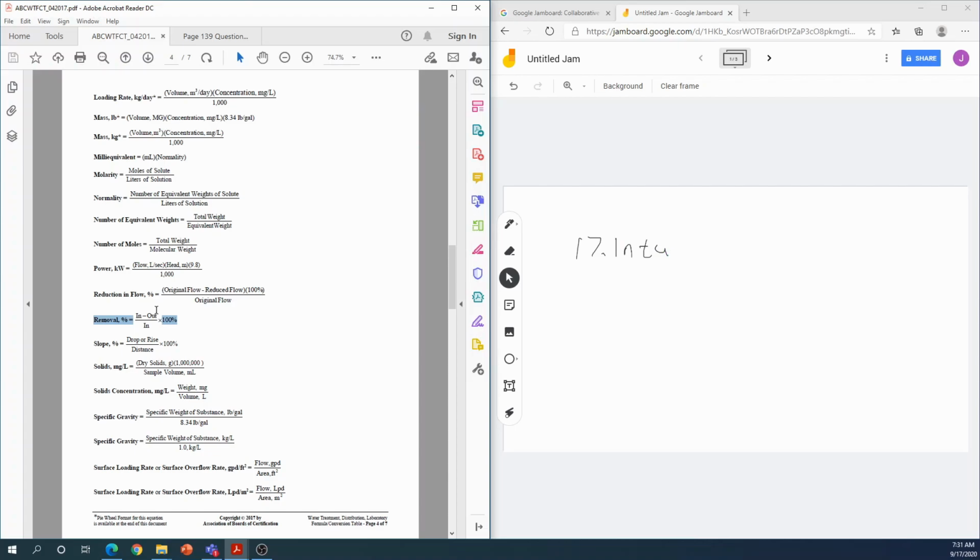Our effluent, our out, was 1.13 NTUs divided by our influent, 17.1 NTU, and then times 100%.